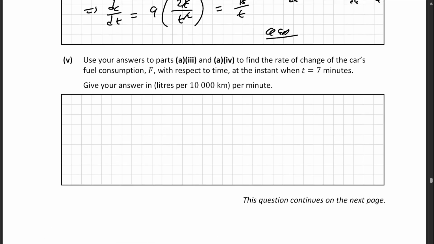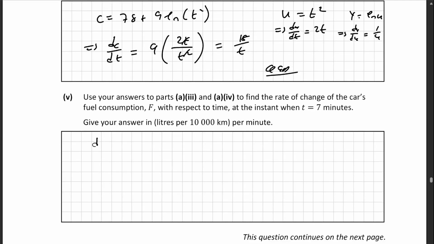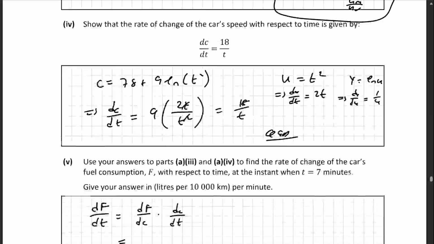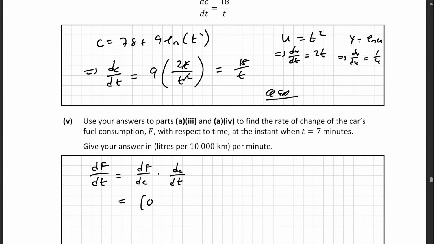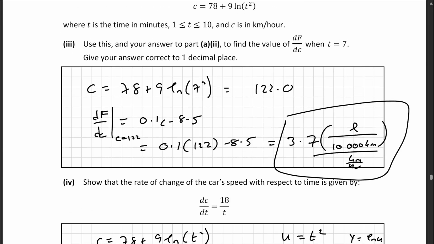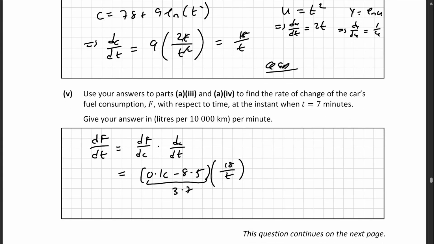We want df dt, which is df by dc times dc by dt. df dc is 0.1c take away 8.5, times dc dt, which is 18 over t. But df dc when t is 7 is 3.7, so it's just 3.7 times 18 over t.